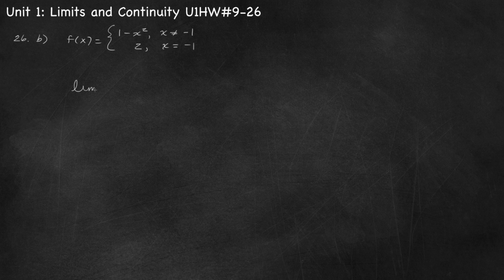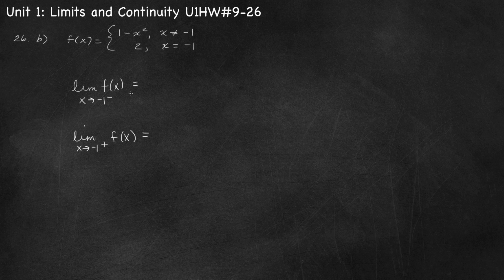So let's find the limit of f as x approaches negative 1 from the left-hand side, and then the limit as x approaches negative 1 from the right-hand side. So as we approach negative 1 from the left-hand side, remember, we're not at negative 1. We're really close to negative 1, a little bit smaller than negative 1.